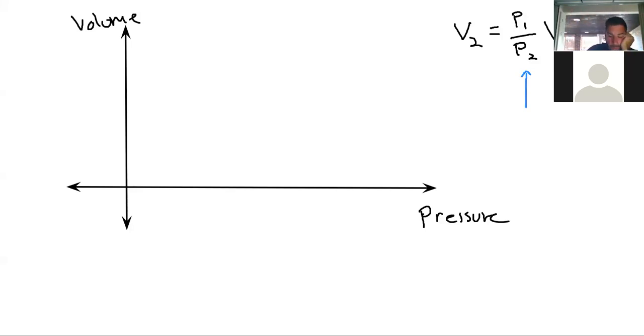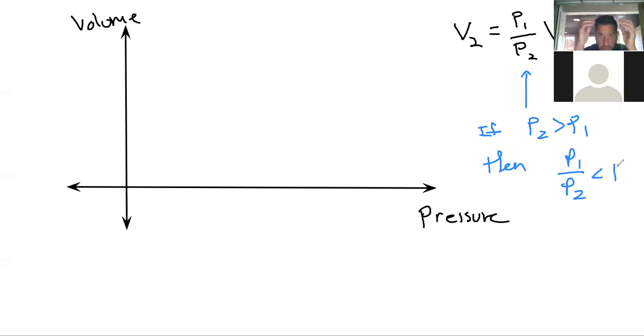So think about this. If P sub 2 is bigger than P sub 1, then the fraction is less than 1. I mean, think of your fraction. If you have 7 over 11, that's less than 1. But if you have 11 over 7, that's greater than 1.